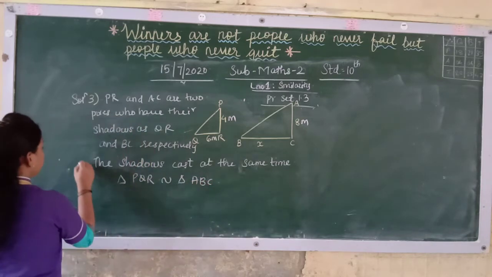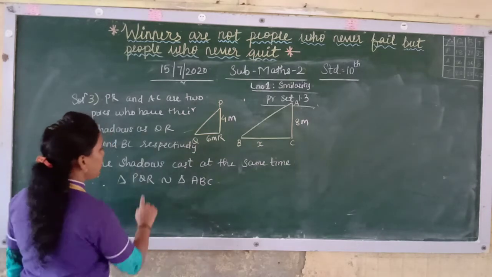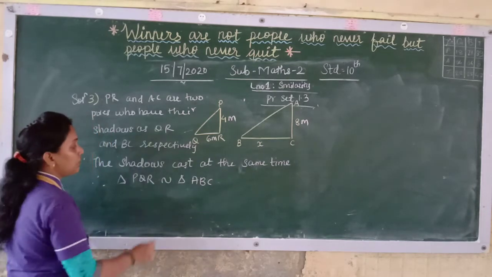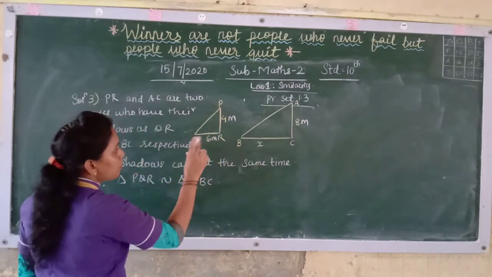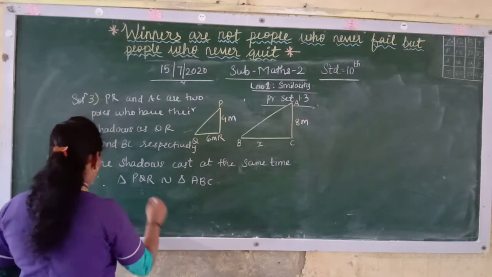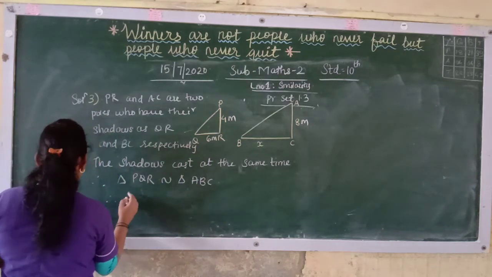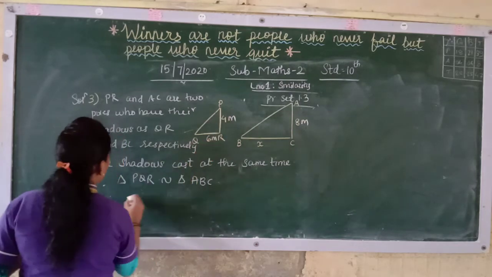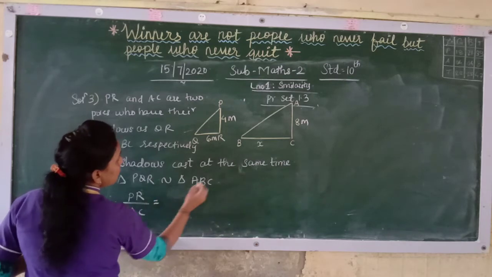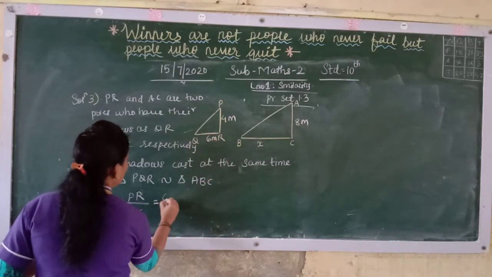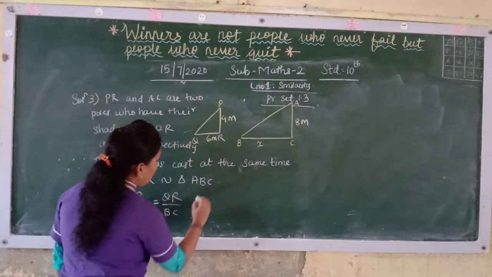Now see, since the shadows are cast at the same time, the triangles will be similar. Now if the triangles are similar, you can take the corresponding sides in proportion. So therefore you will get PR upon AC is equal to QR upon BC. Now what will you write?